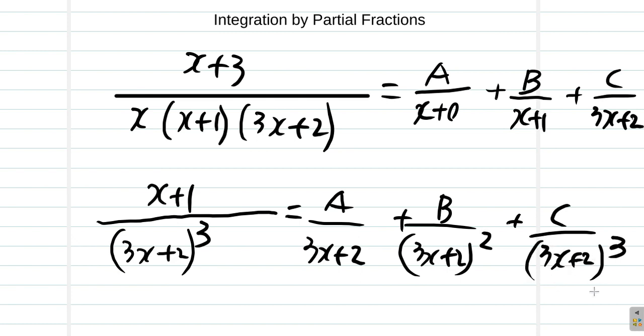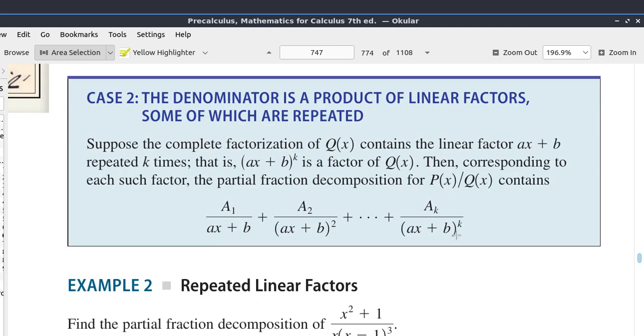That's the form the partial fraction is going to take. Then of course you use algebra to work it out and find the values of a, b, and c. Alright? So that's what happened here.